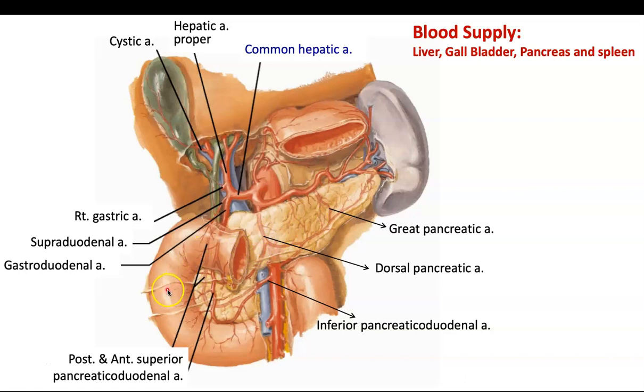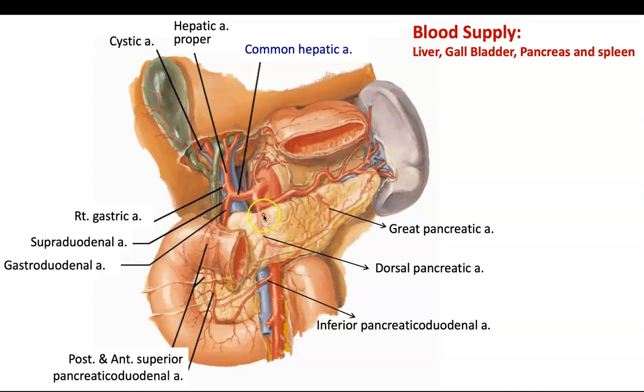The foregut ends at the opening of the hepatopancreatic ampulla, marked by the major duodenal papilla. The lower part is derived from the midgut. So the duodenum and pancreas receive their blood supply from both celiac trunk and superior mesenteric artery.